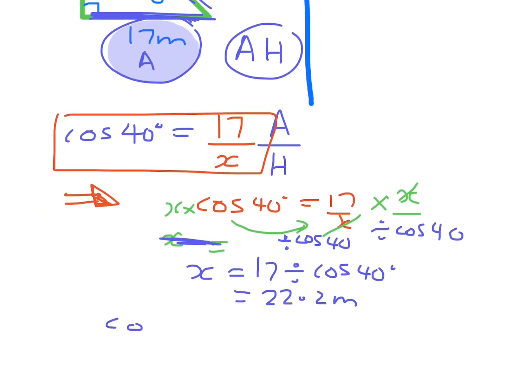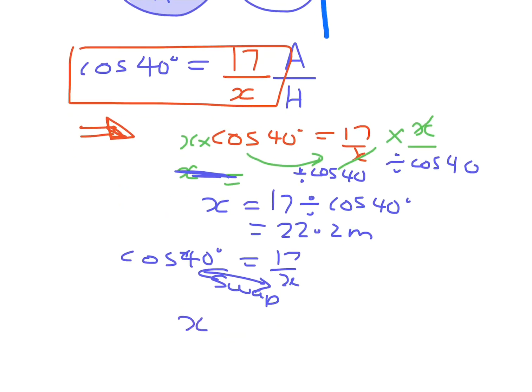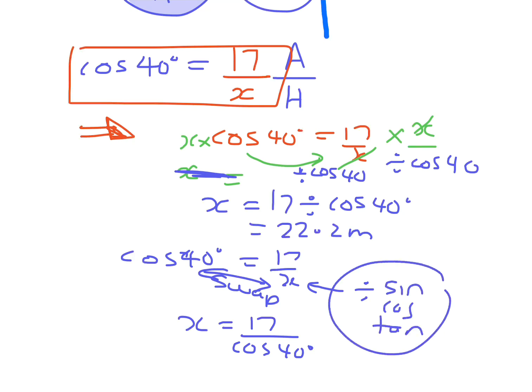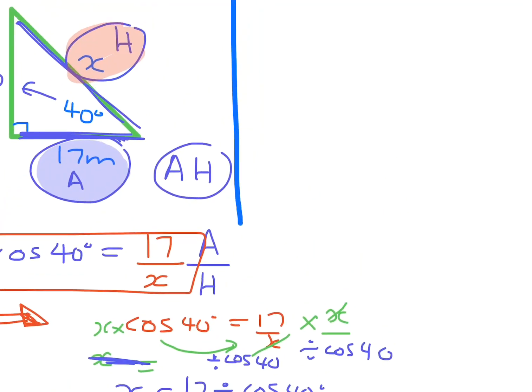Now, if you look at that, you can do it a little bit quicker in the fact that the X ended up there and the cos 40 ended up there. So you can just do a straight swap. The X ends up being 17 divided by cos 40. So when X is on the bottom, you divide by sine, cos, or tan, depending on the trig function. And you know previously when X was on top, you times by it.